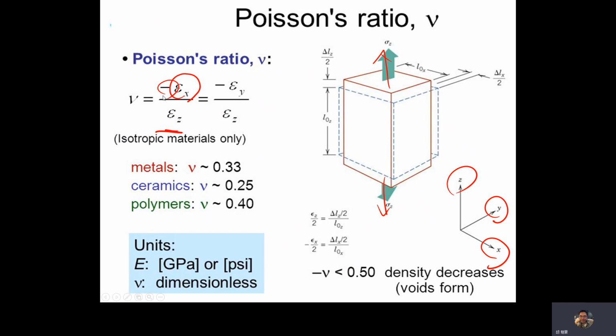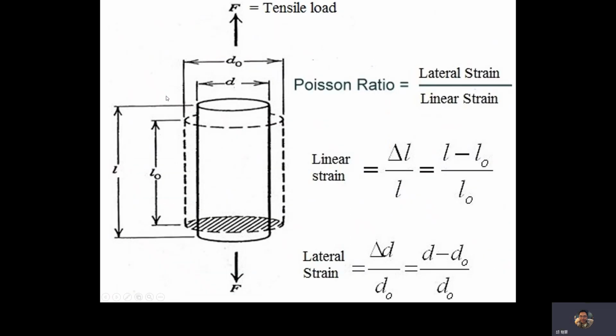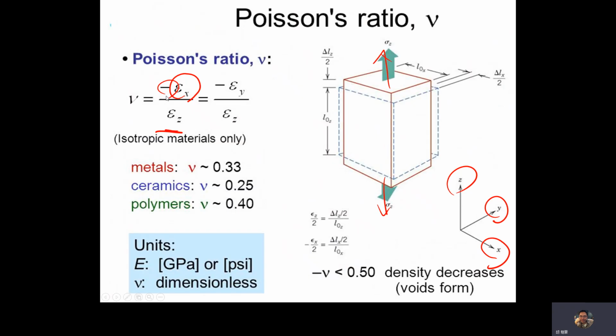When we apply a tensile stress, if its lateral direction expands, increases, and the increase rate is higher than in the tensile direction, that means the material's Poisson ratio is minus. It's for a rod, or the same for a rectangular specimen.